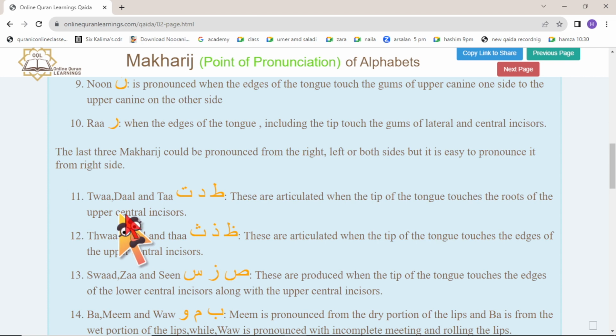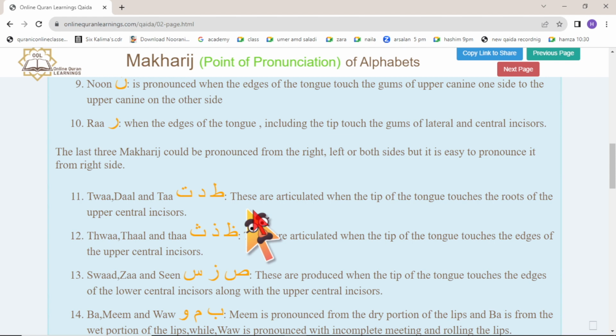Okay, which are, so the letters ta, dal, ta. These are articulated when the tip of the tongue touches the root of the upper central incisors.